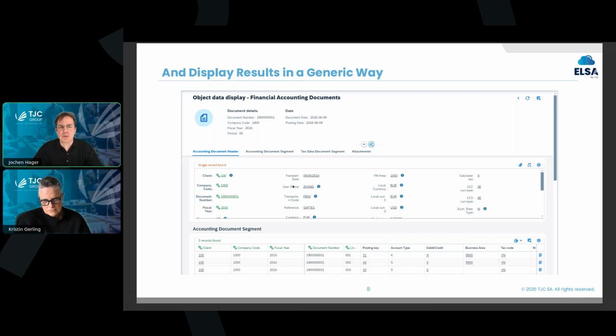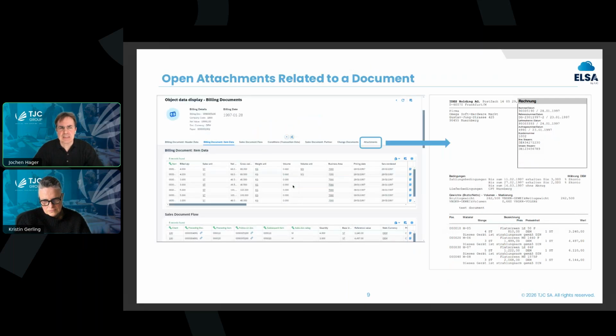Also available is retrieving any attachments to your SAP objects, just as you can do in SAP. We have the capability through the attachment function to get back to your archived documents, be that PDF documents or any other type of documents.